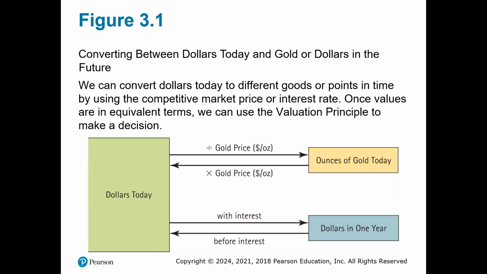To convert dollars today into ounces of gold today, you would divide dollars today by the gold price.